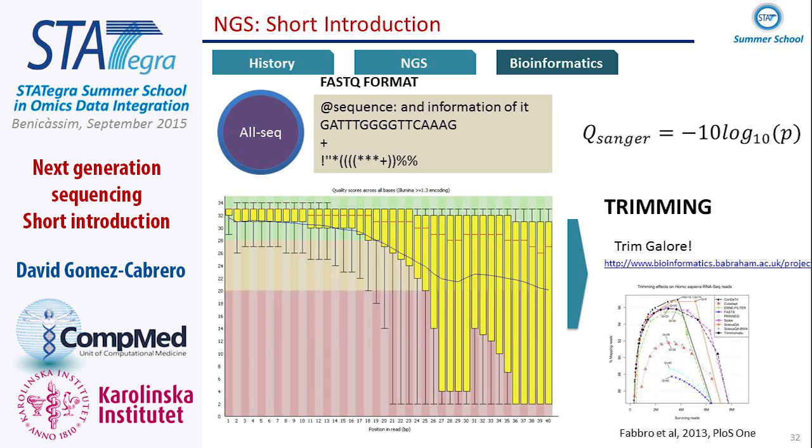I mean, you can discard the full read, or you can check every one of the reads, and if the quality goes below that, you take out the end part. This is trimming, and there are some tools here, and I included this paper on the Dropbox because it compares different trimming methodologies and approaches. Trimming is important, and I will show you why. There are more reasons for doing the trimming, but it has a drawback.